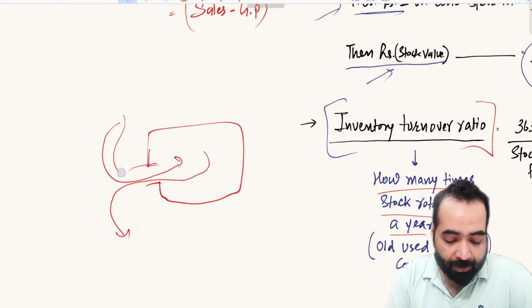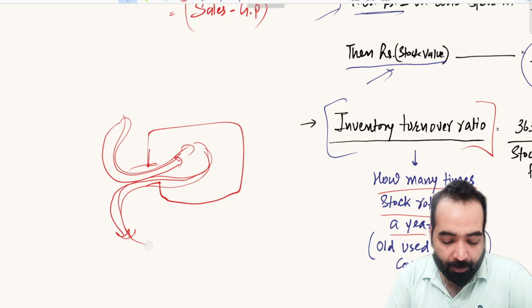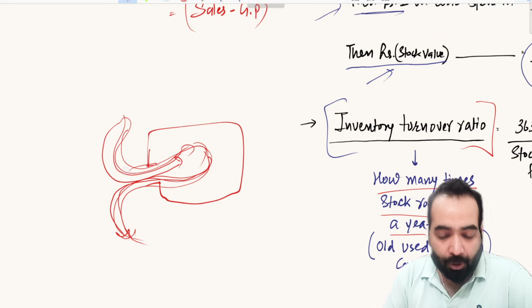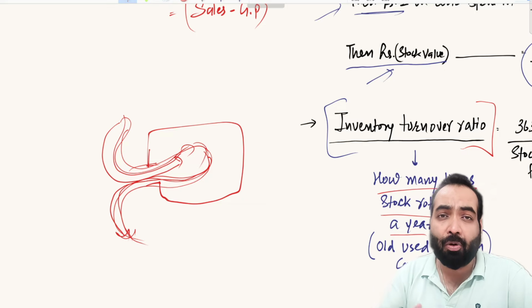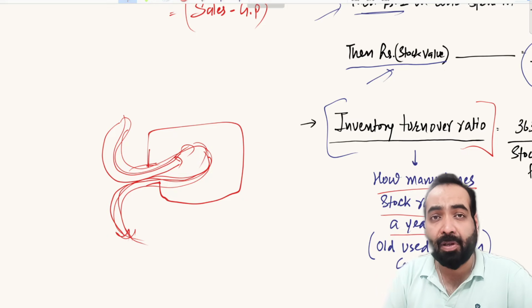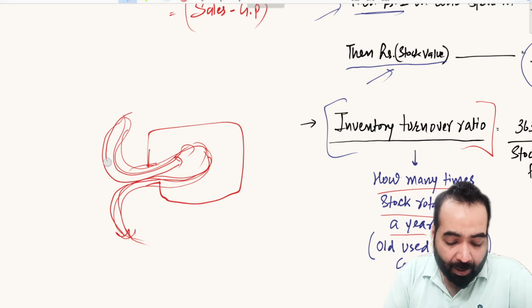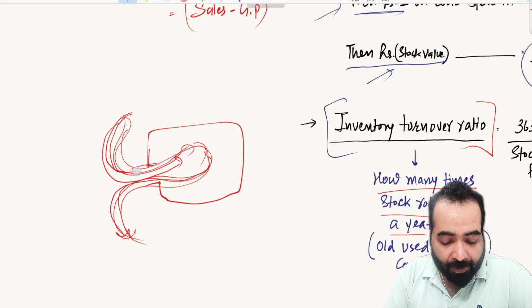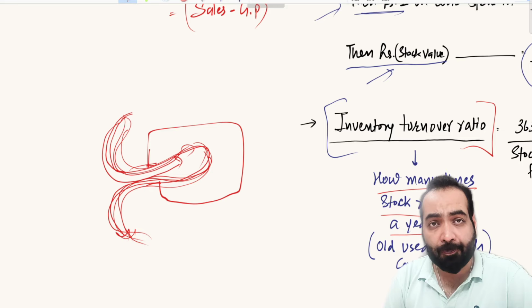Then fresh stock comes in, then sold, then it goes out. Fresh comes in, goes out, fresh comes in, goes out. It is the rotation of the stock. Now we want to know how many times this cycle happens in a year, how many times the fresh stock comes in and the old clears out.